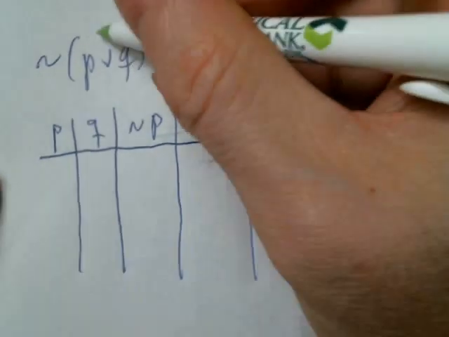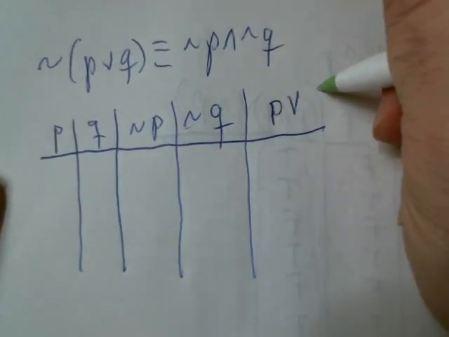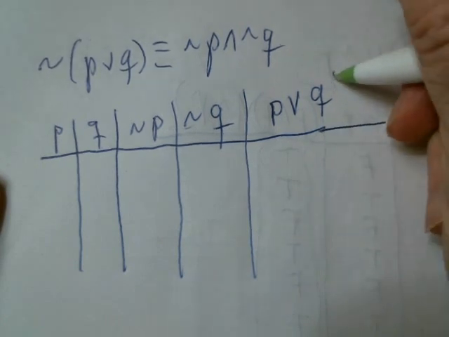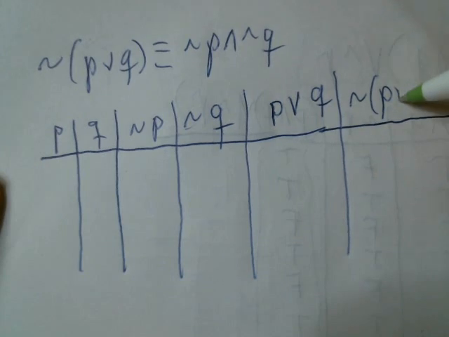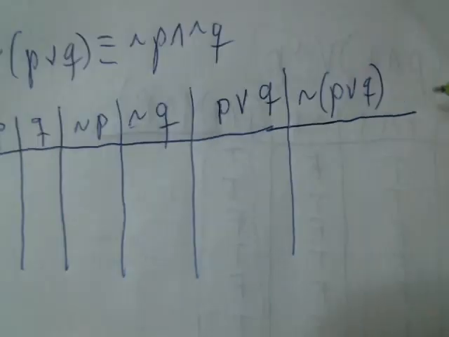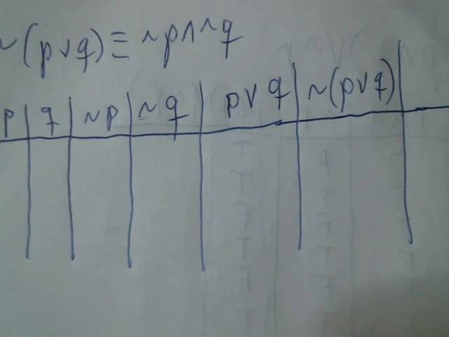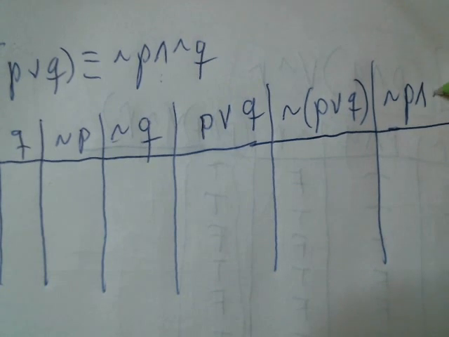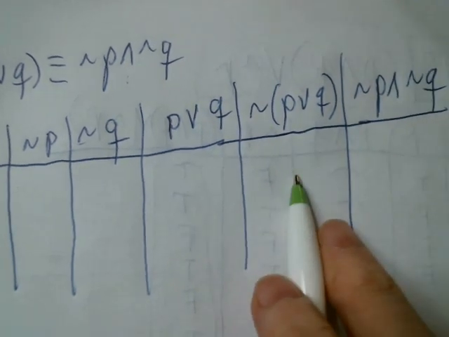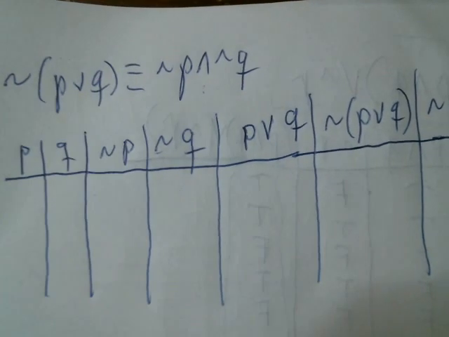What else do I need? I need this part, and then the negation of it. So P or Q, and then the negation of P or Q. And then finally this thing, so not P and not Q. Then I need to compare these truth values to say that this thing and this thing are the same.